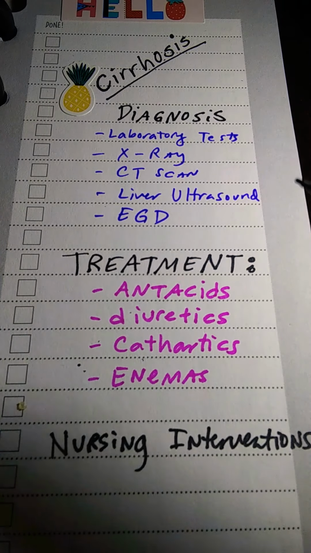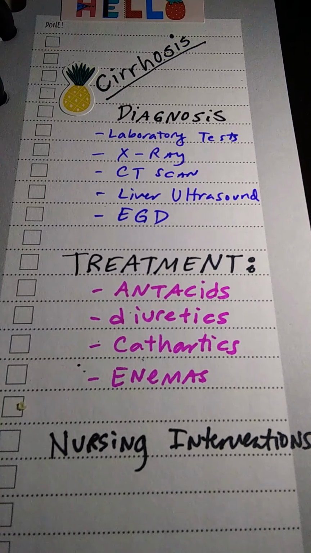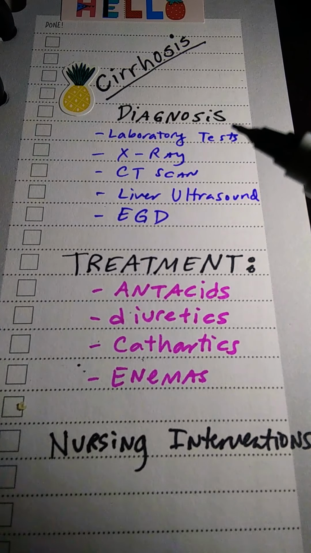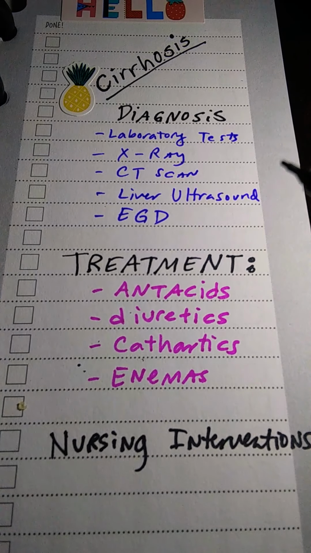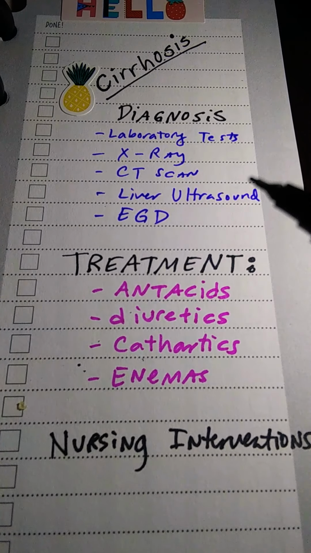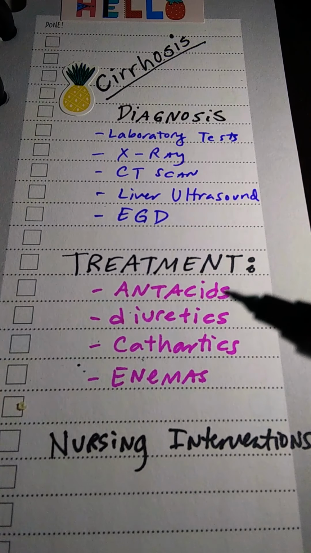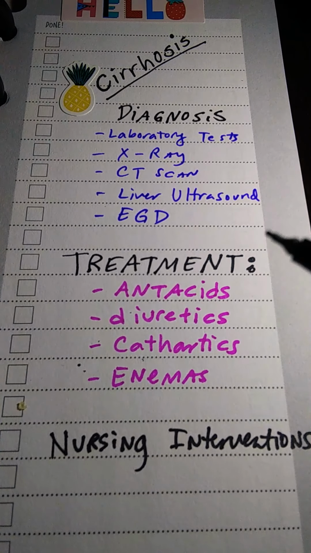Medications usually prescribed for clients with cirrhosis would include antacids, obviously for gastric distress, and due to the fact that it can lead to bleeding. Diuretics can also be used for fluid and ascites. And cathartics and enemas, such as lactulose or Cephulac, are used to correct the pH in the bowel.